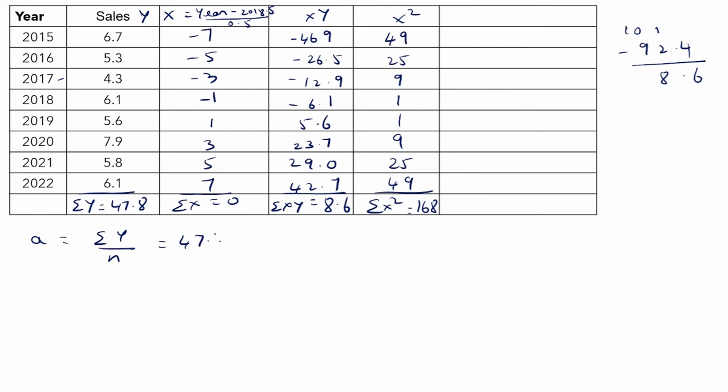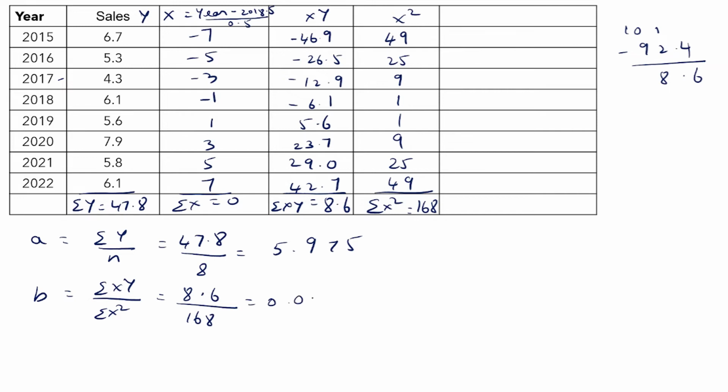Summation y is 47.8 upon n is 8. So this when we simplify we get 5.975. And then b is summation xy upon summation x square. Summation xy is 8.6 and summation x square is 168. So this when we simplify we get 0.0512.